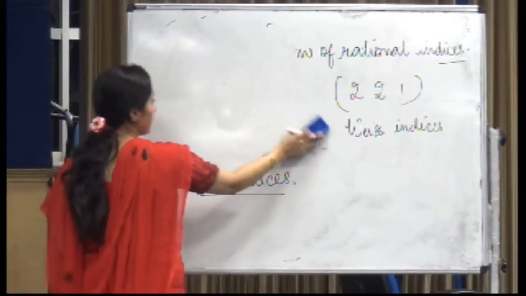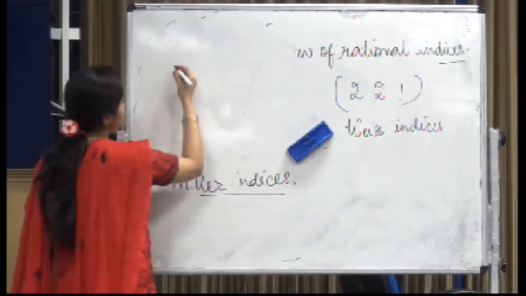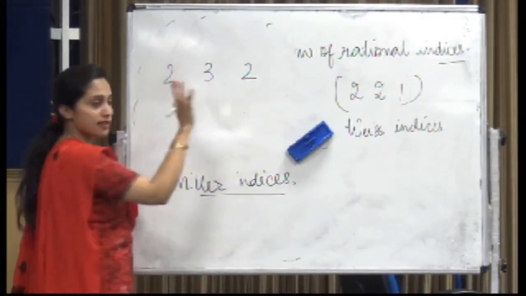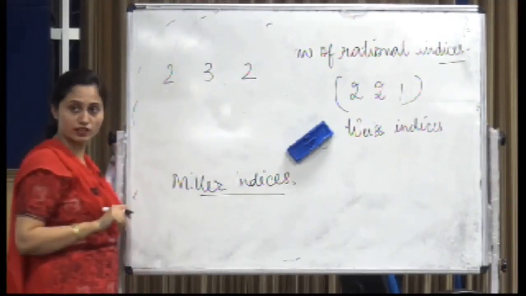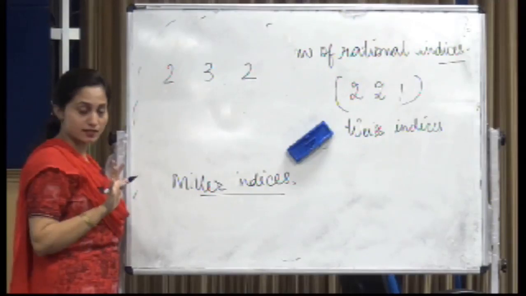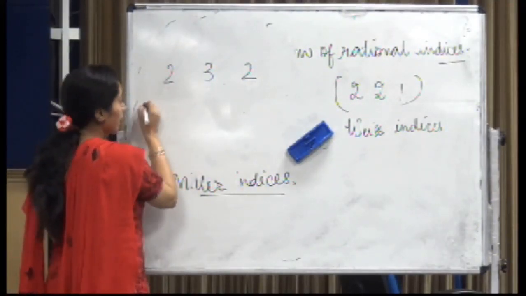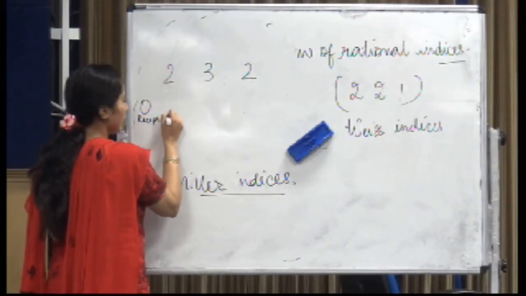Look, I am telling you the Weiss indices. For example, 2, 3, 2. These are my Weiss indices, meaning the x coordinate, y coordinate and z coordinate. How do I convert them to Miller indices? Simply, first step, take the reciprocal.